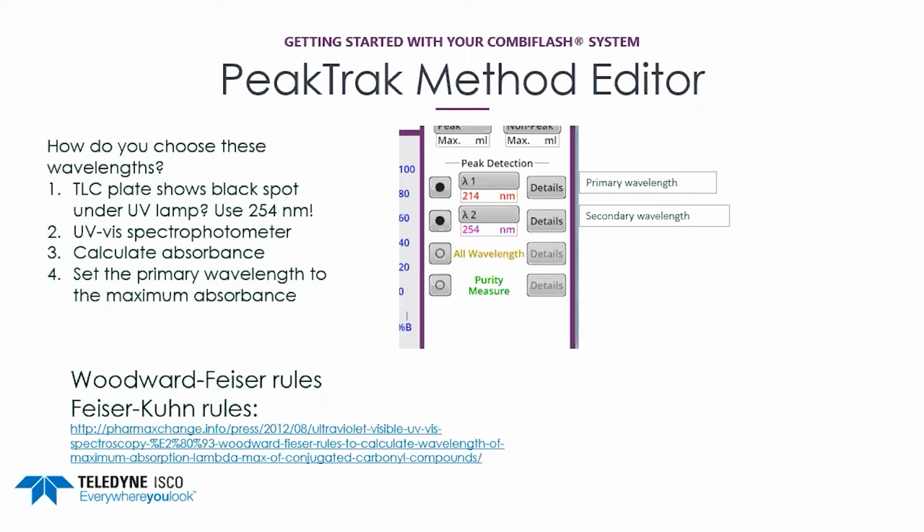It is possible also to calculate the UV absorbance and get a result that is sufficiently useful for the detection. These calculations are based on work by Woodward, Fieser, and Kuhn. You can enter the maximum absorbance into the system for detection, and we will discuss the details buttons that you see on the right within a couple of slides.